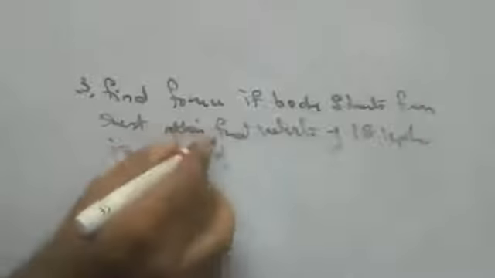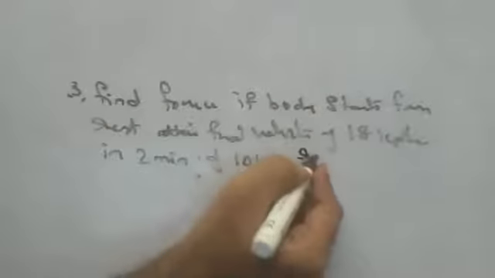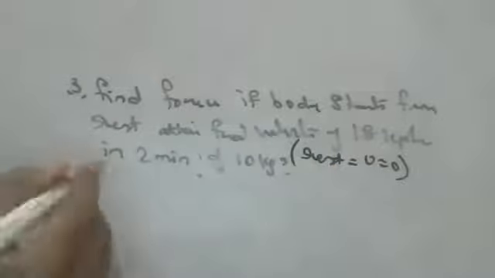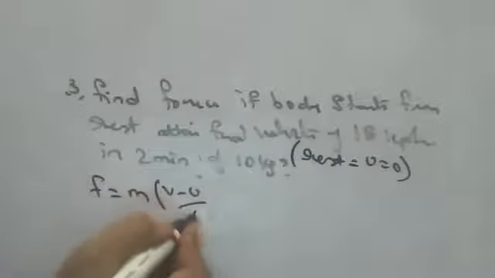So children, here always you have to convert kmph to meter per second. And body starting from rest, always remember, if they have given body starting from rest, initial velocity is equal to 0. Never forget. Okay, so F is equal to m (v minus u) by t.